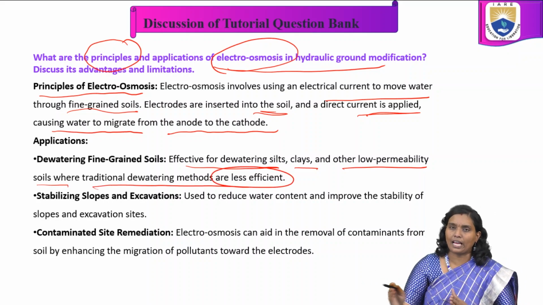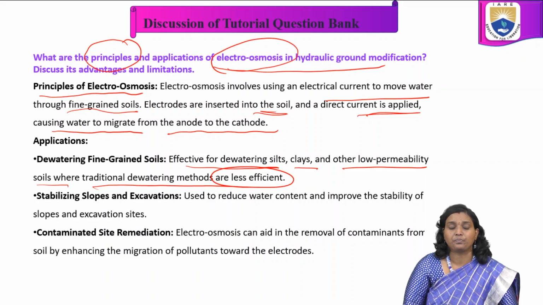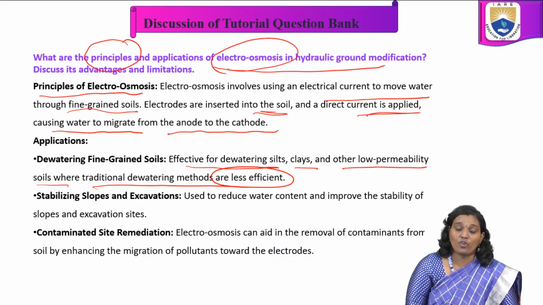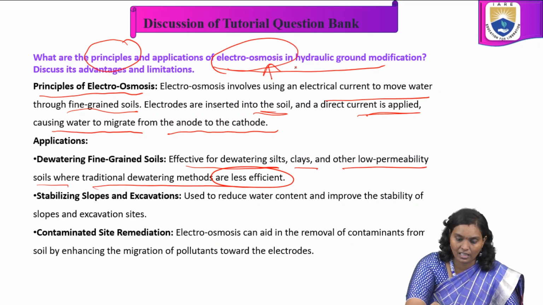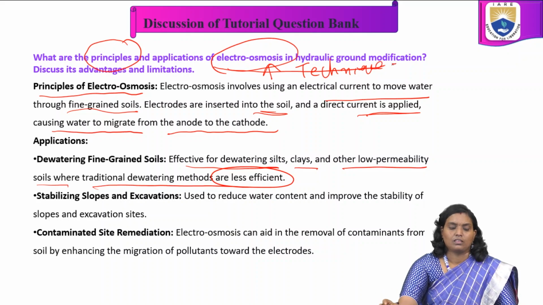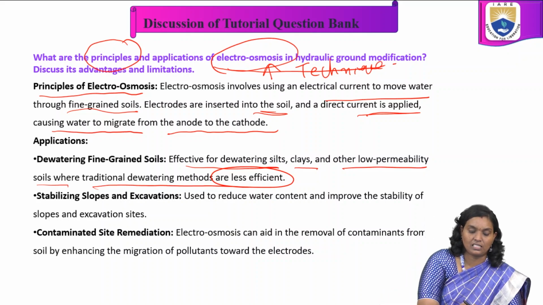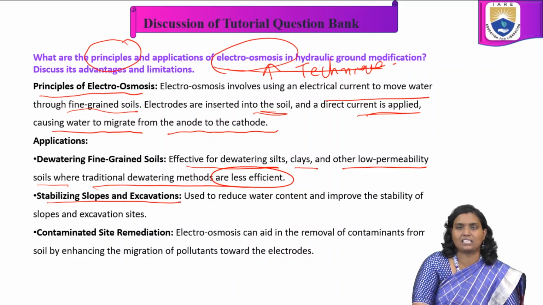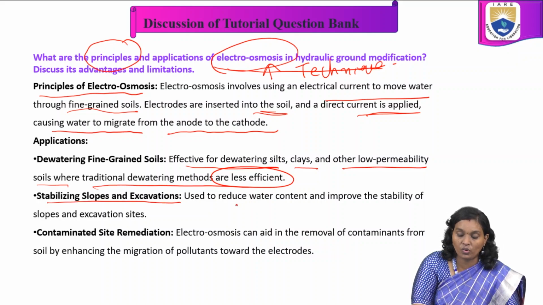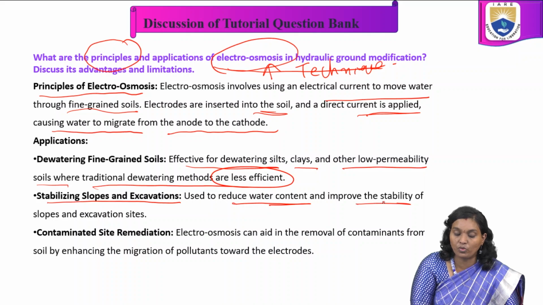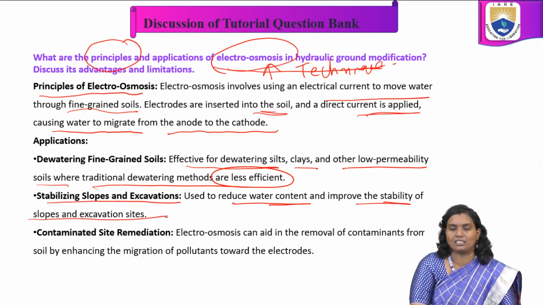So we choose this technique for the dewatering process in such cases. The next one is stabilizing soil slopes and excavations. It is used to reduce water content and improve the stability of slopes and excavations.